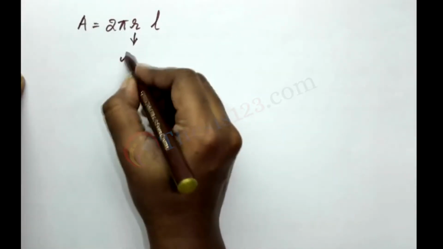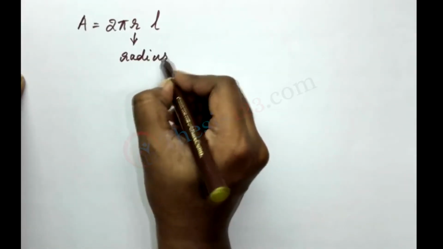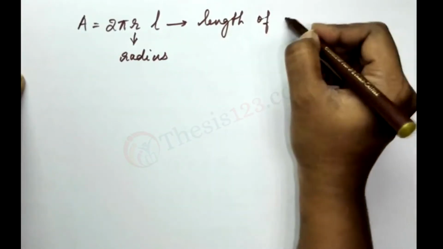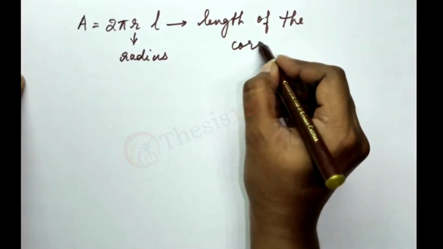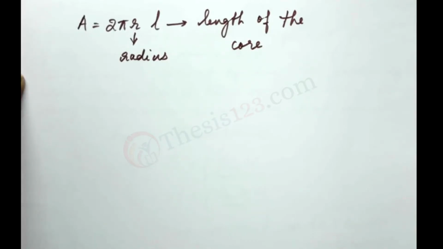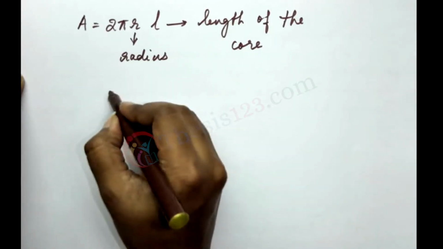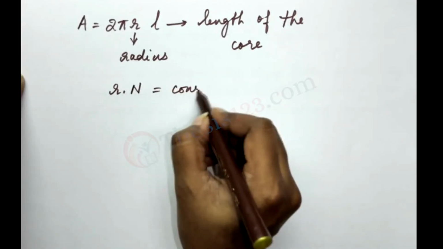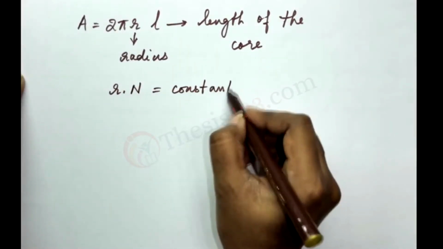Here R is the radius and L is the length of the core. So according to what we have already seen, in order to maintain the same no-load current, most part of the voltage equation must be constant. That implies that the radius times N, the number of turns, should also be constant.